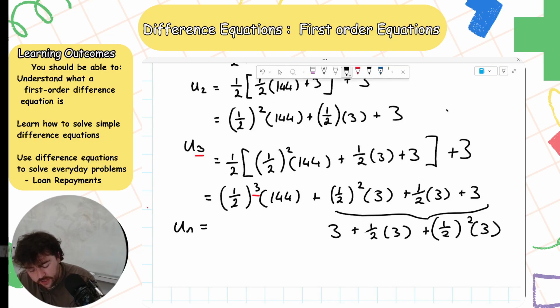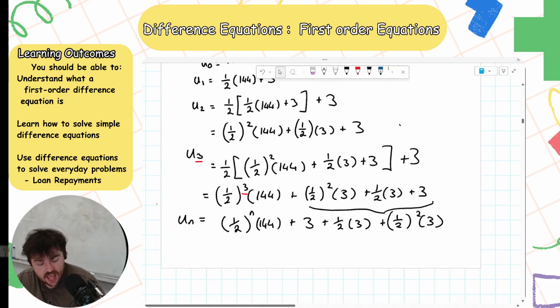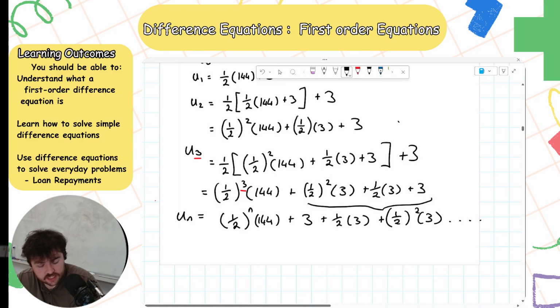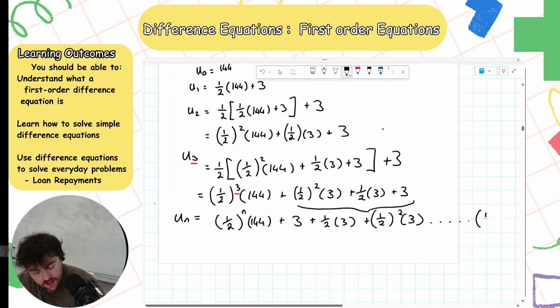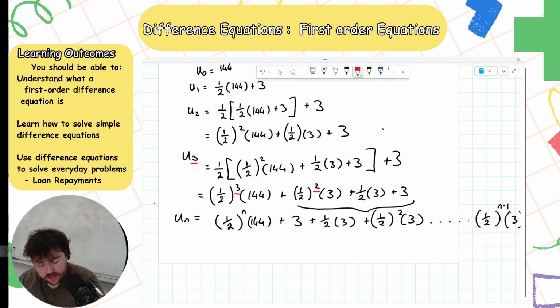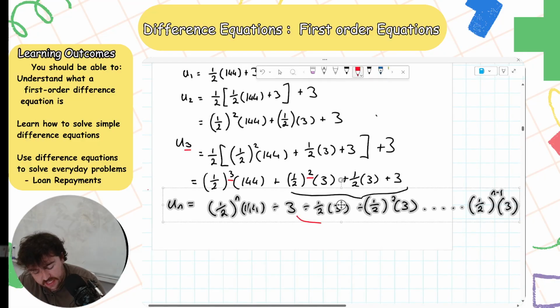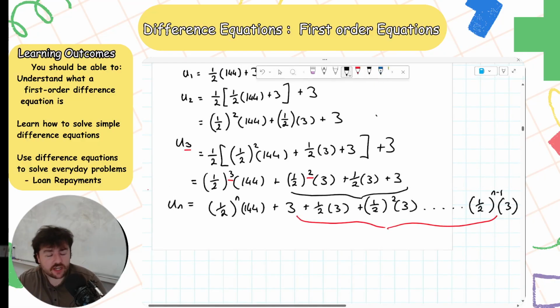So if I'm solving for un, I know it's going to be a half to the n times 144 plus 3 times a half times 3 plus a half squared times 3. And this is going to go dot, dot, dot. This is going to go on forever up until a half to the n minus 1 times 3. Because what you notice here is the highest power on this side is always going to be 1 less than my term number. So this here is a geometric sequence.